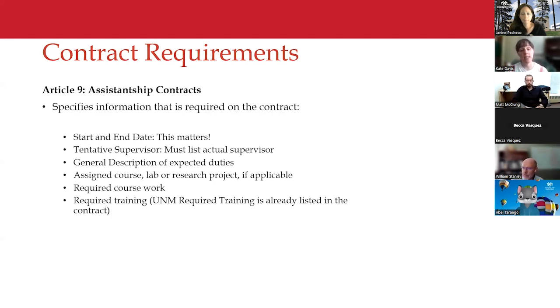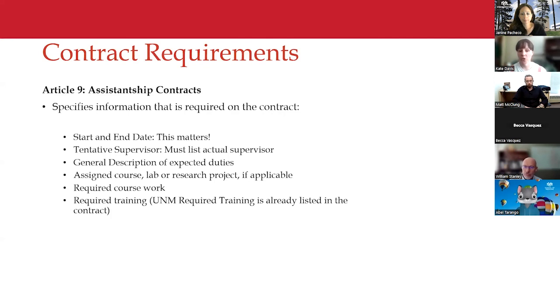If you have teaching assistants in your area, we want to make sure that you're listing in the description section what classes they are teaching. If you don't know at the time you're submitting the contract what classes they are teaching, how many credit hours they are teaching, that information is really helpful, and we do have to provide that to them in the contract.